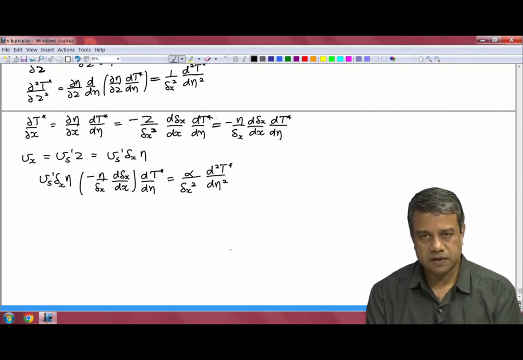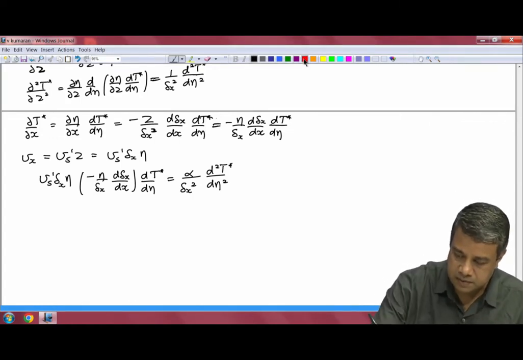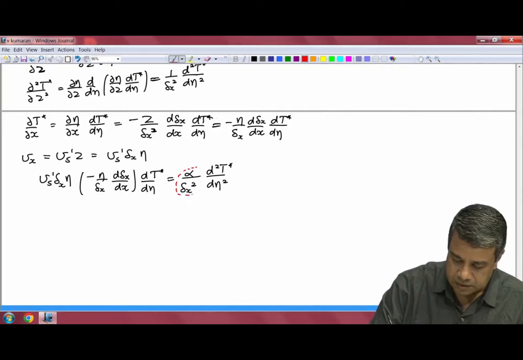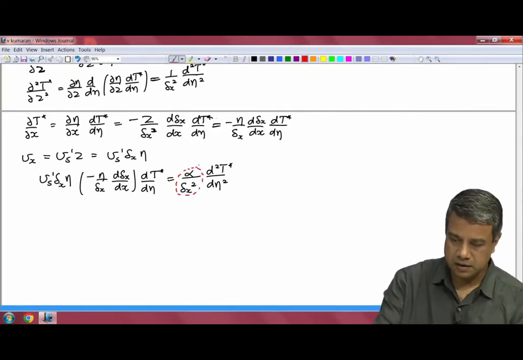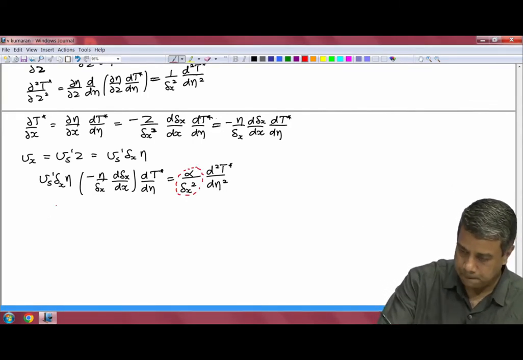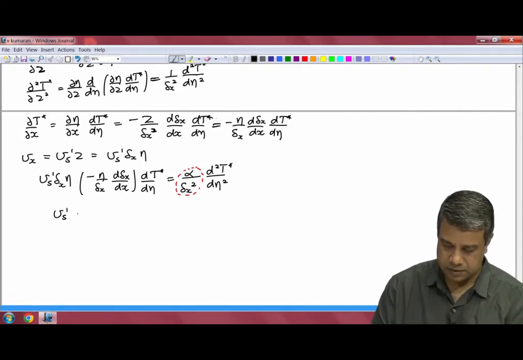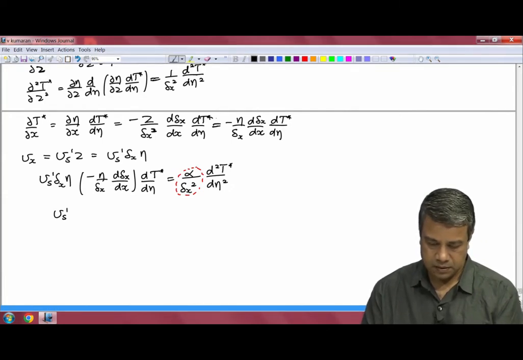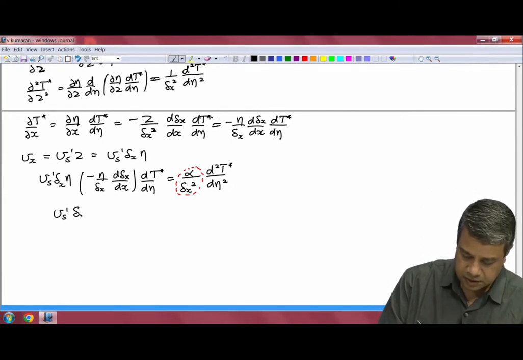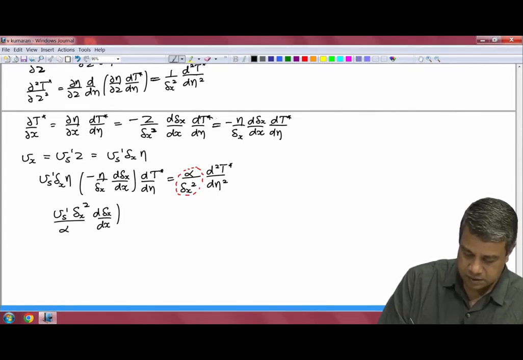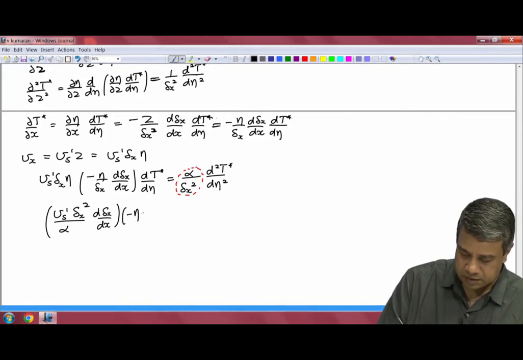And in order to get a differential equation, I divide throughout by this prefactor. And I will get here Vs prime times delta x square by alpha, d delta x by dx, into minus eta dT by d eta.